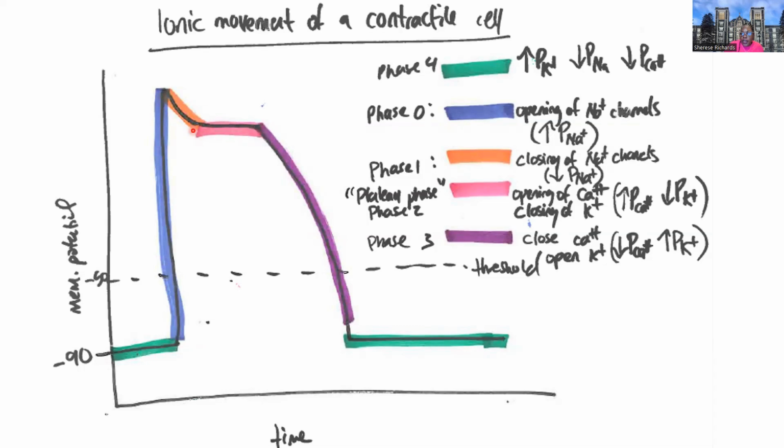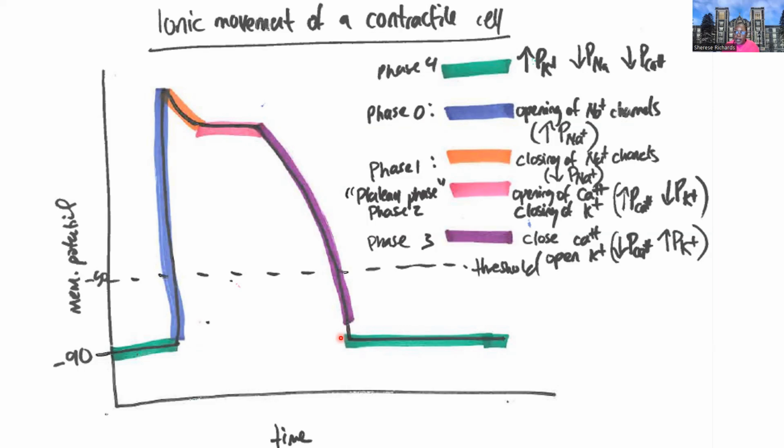So this window or this plateau phase is interrupting the repolarization in order to stall and allow for calcium to get in. From there, now we can continue that repolarization by closing those calcium channels, opening up potassium channels, and then further repolarize the cell back down to the resting membrane potential.